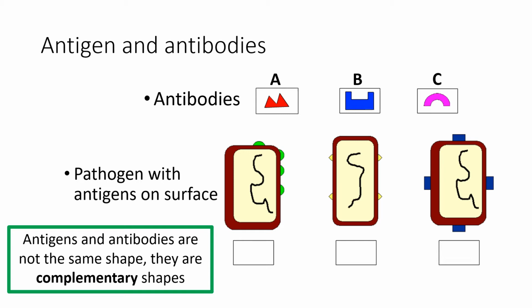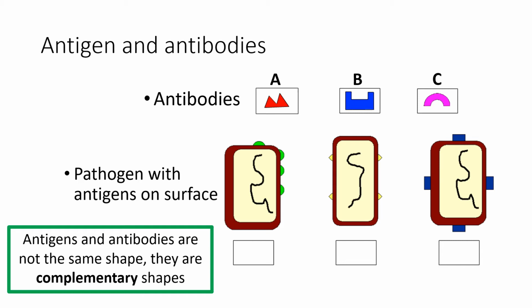We talk about complementary shapes, and the reason we say complementary shapes is because A, B, and C are not the same as the antigens on the surface of the pathogen. They're not the same shape, but they will fit together like jigsaw pieces perfectly, and as a consequence we use the term complementary shape. So which antibody is complementary to which of the pathogens?